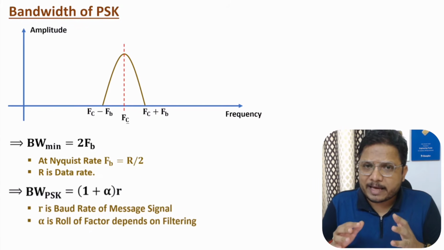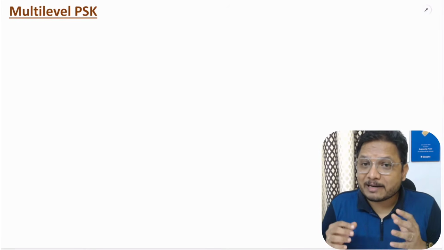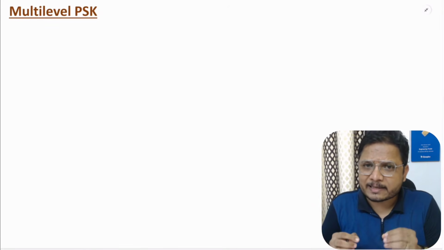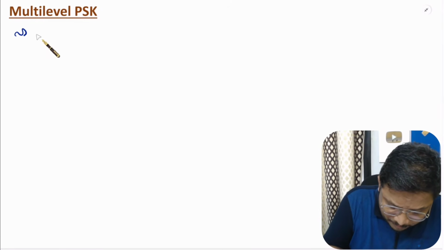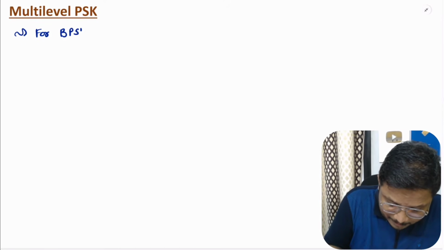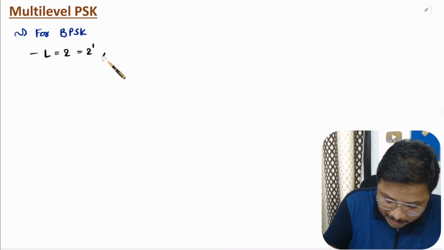Now let me explain multi-level PSK. To understand multi-level PSK, let me consider BPSK first. See, for binary phase shifting, there will be 2 symbols, right? So when you talk about BPSK, the levels are 2, that is 2 to the power 1. What it means? With each symbol, there will be 1 bit.